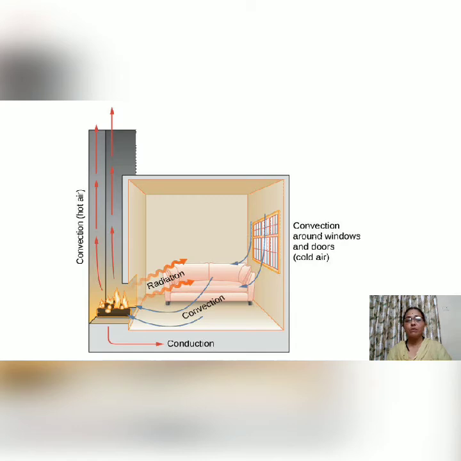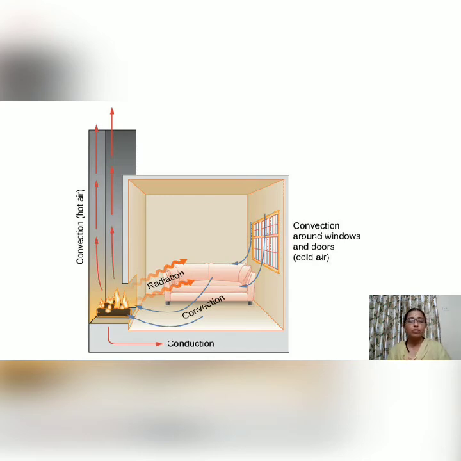One more thing I want to tell you: radiation, convection and conduction. Due to radiation, conduction and convection, heat is lost inside your room. Suppose you live in a very cold region and cannot tolerate the cold. How do you warm the room? The room doesn't have to be placed on heat. There is a chamber, a fireplace, to warm the room.